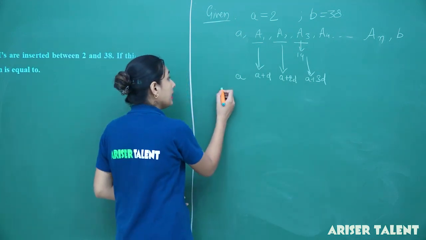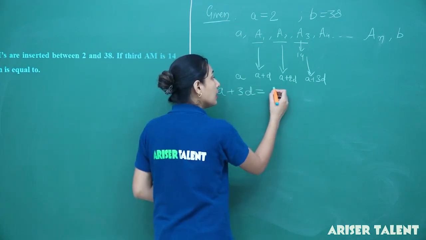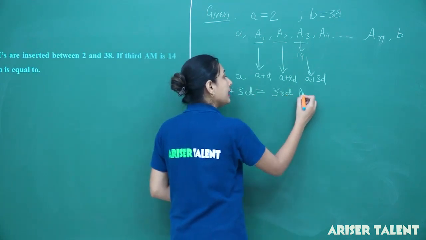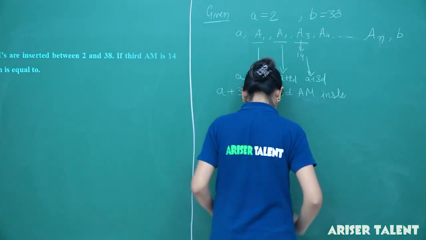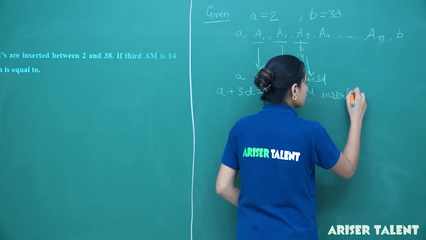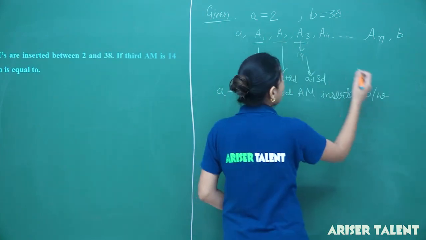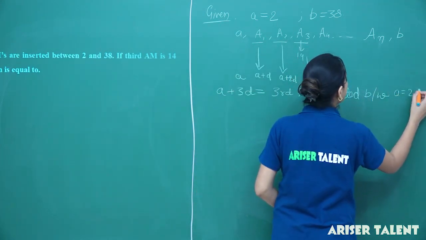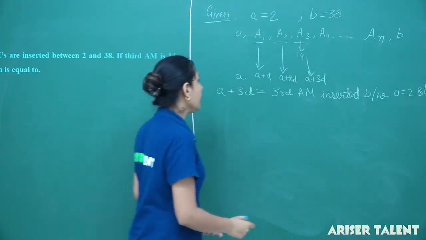Now A plus 3D equals what? The third AM inserted between A equals 2 and B equals 38.